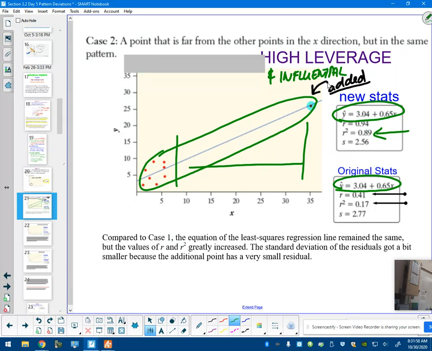It's influential because it changed those. It changed the R's. What did the R's show? Well, the single R shows how nicely the little dots are in a straight line. The single R is why we draw the ellipses.